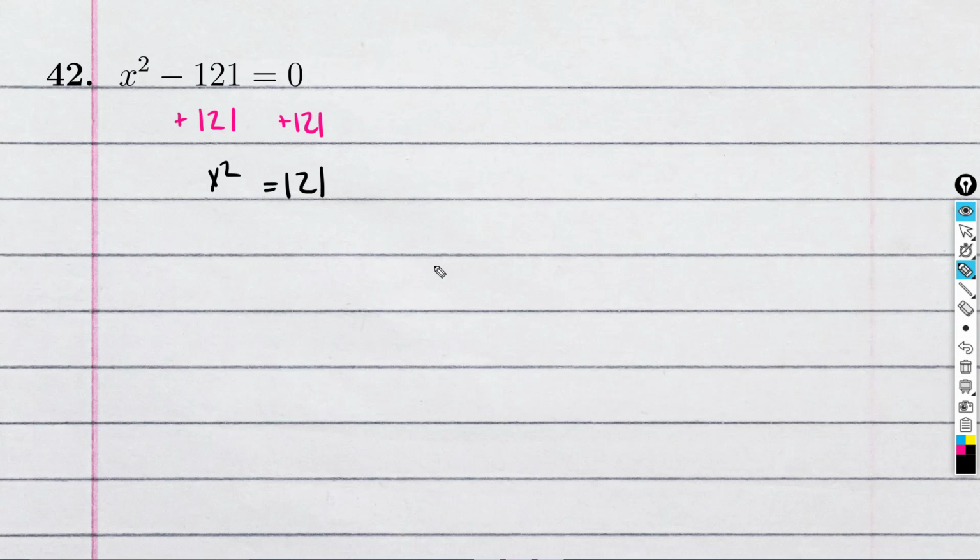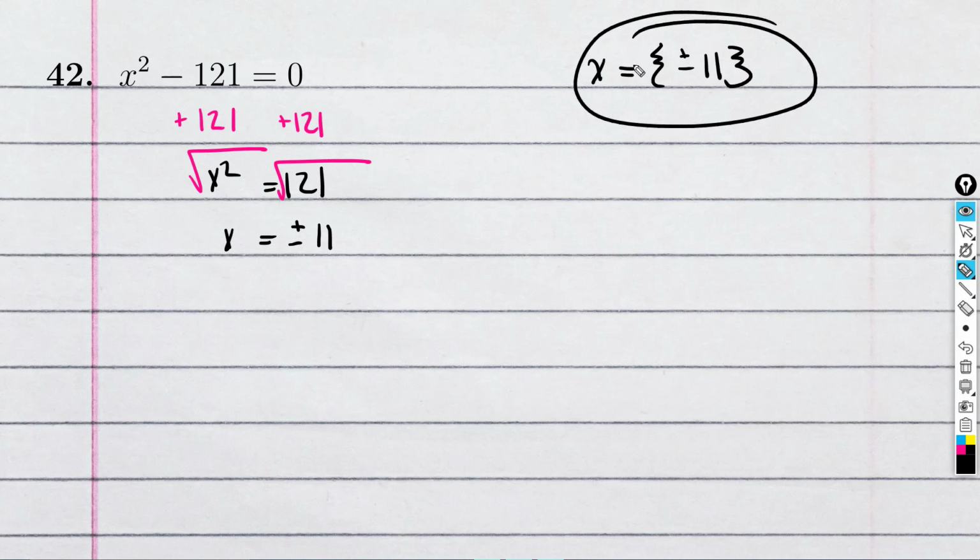Now we take the square root of both sides, as we have the square by itself. And so we have x is equal to plus or minus 11. So x is equal to the solution set of positive and negative 11. It's your final answer.